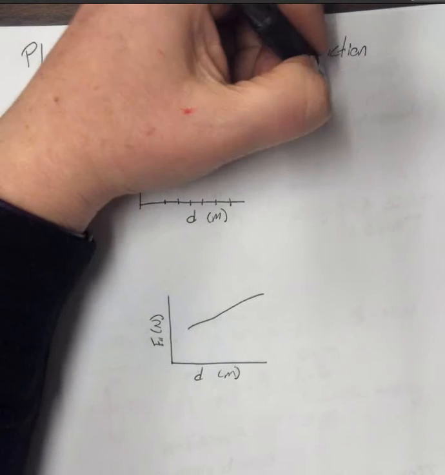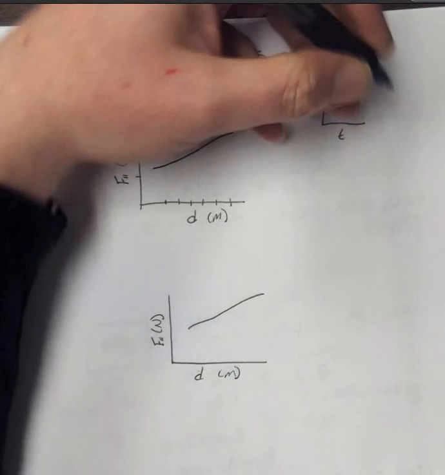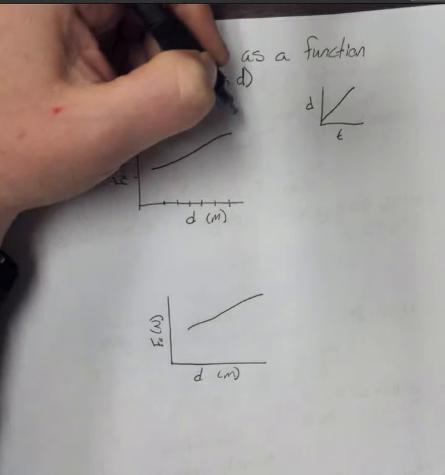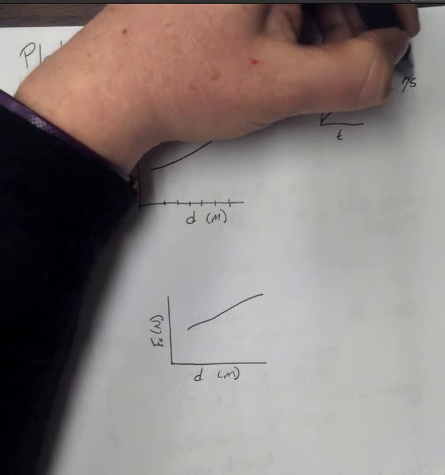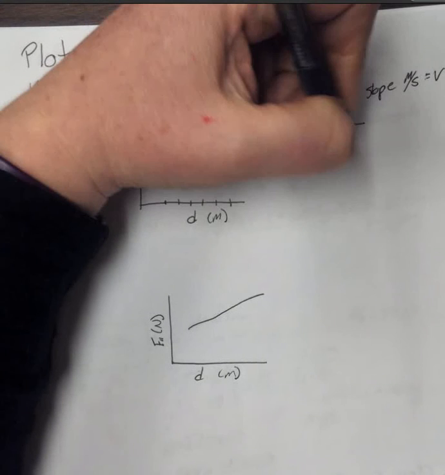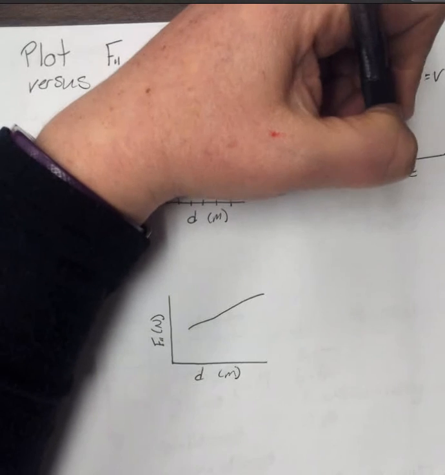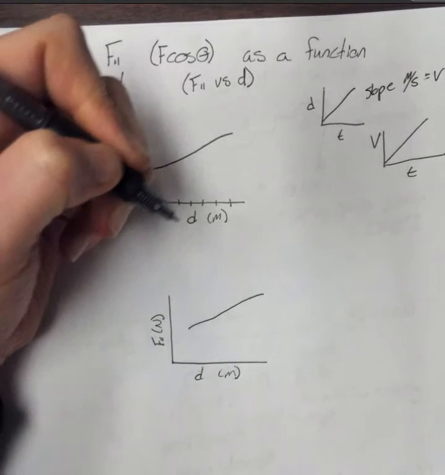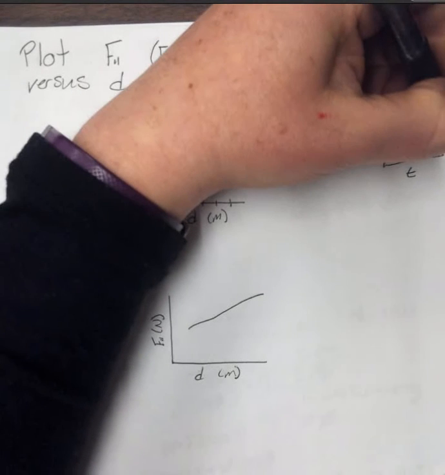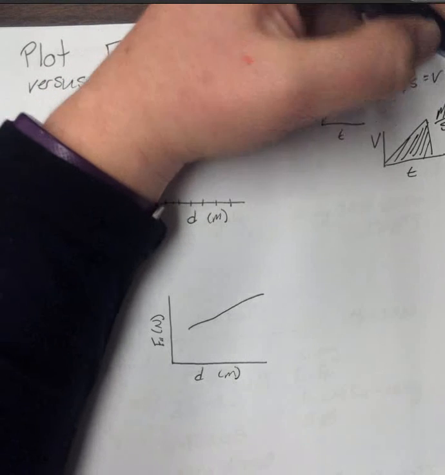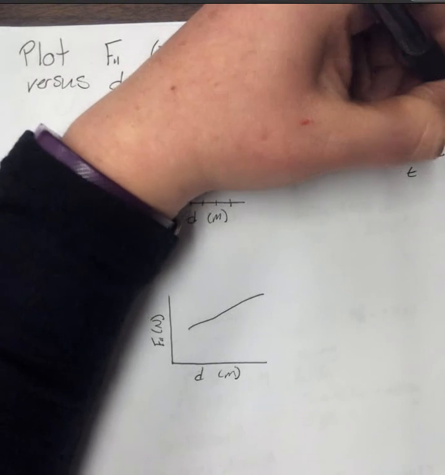If you did a position versus time graph and found the slope, you would find meters per second, or velocity. If you did a velocity versus time graph and found the area under the curve, that would be meters per second times seconds, and you would find the displacement.